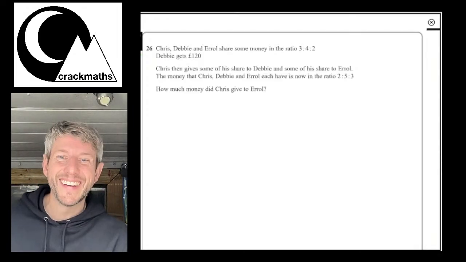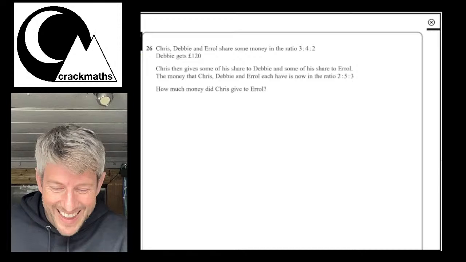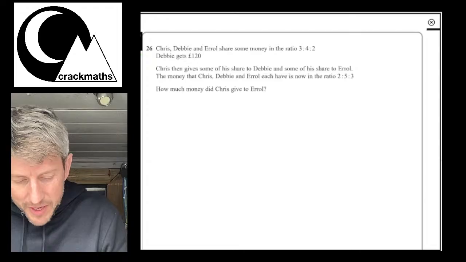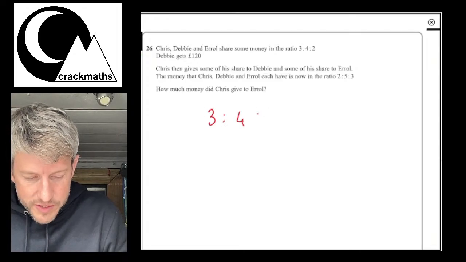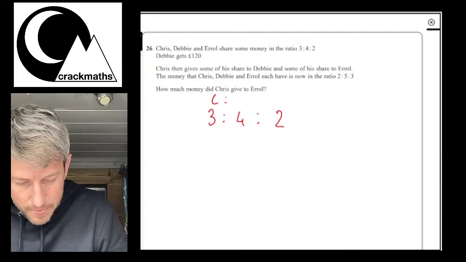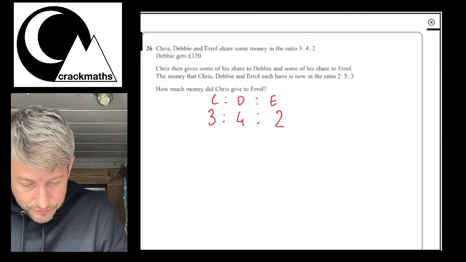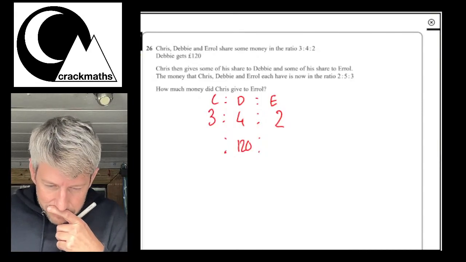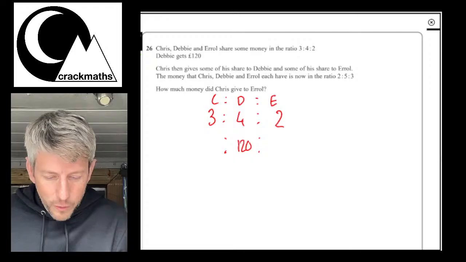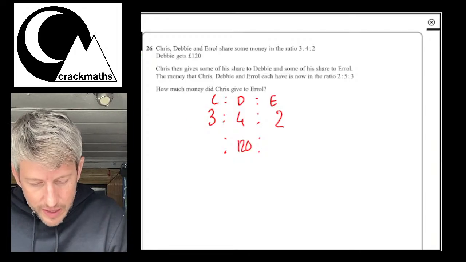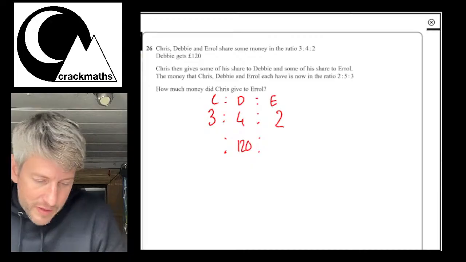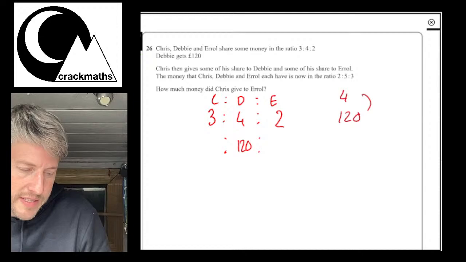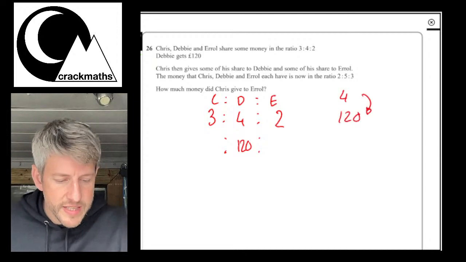Oh my word. Right, okay, let's just start off by working out how much money they all had altogether. If the money was in the ratio 3 to 4 to 2, and this is Chris to Debbie to Errol, and Debbie is getting 120, what I can do here is work out how many lots of what we have to do to get from 4 to 120.